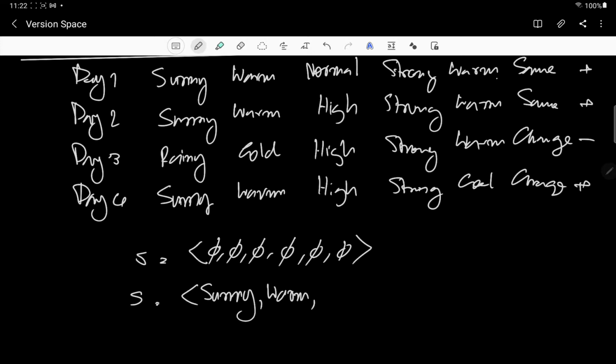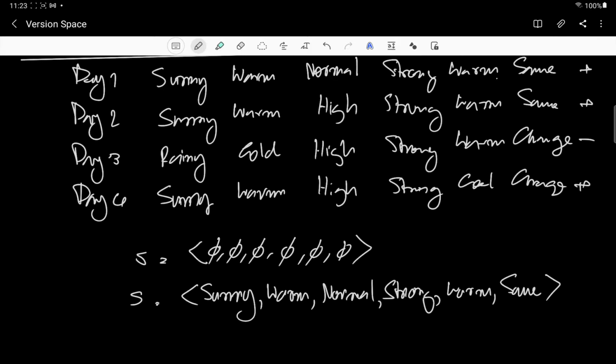Then the next one is normal, strong, right? We have to change all the null values to be the values of day 1, because null cannot cover anything. So if we want S to cover day 1, we have to change all values to be the values of day 1, right?